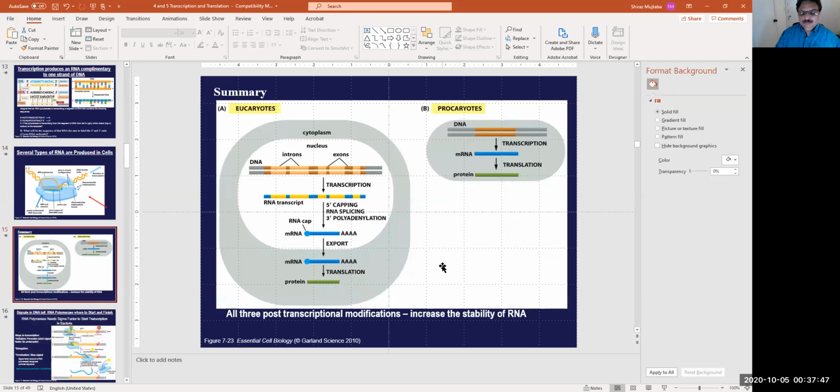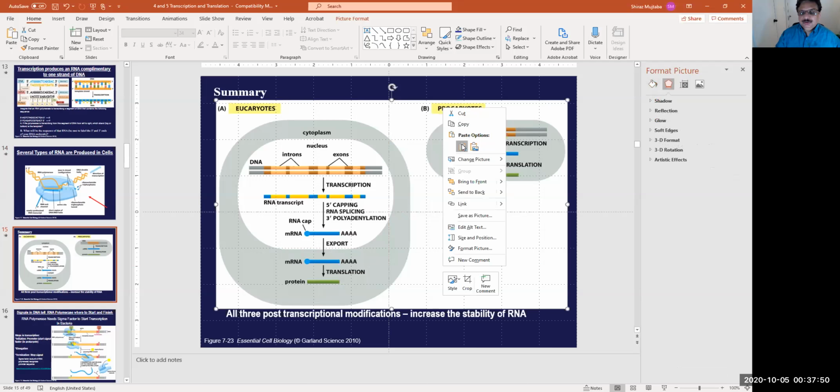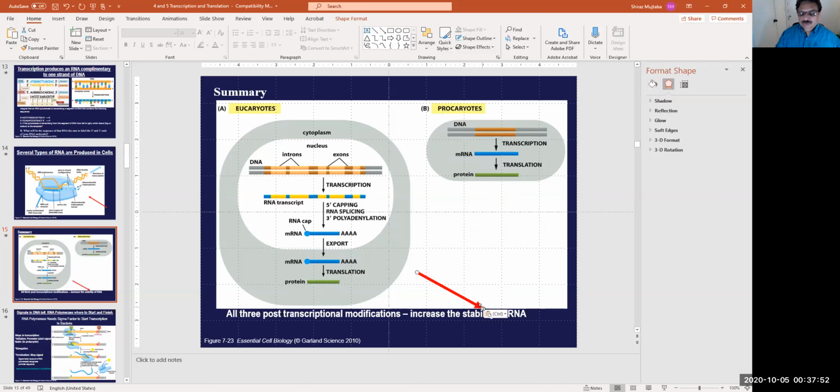Now, this is one of the most important parts of this chapter, to distinguish between prokaryotic and eukaryotic transcription and translation. But we are focusing currently on transcription. And one of the major differences between prokaryotes and eukaryotes is compartmentalization due to the presence of a nucleus in eukaryotes, which is absent in prokaryotes. So in prokaryotes, there is DNA in the cytoplasm.